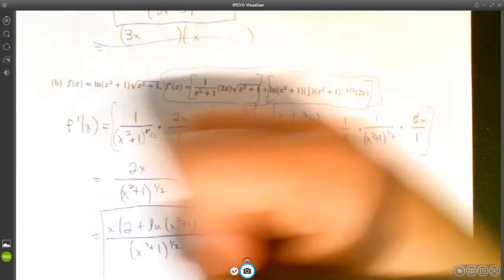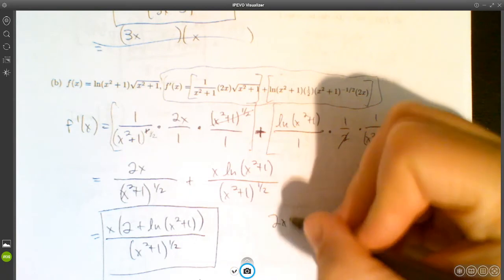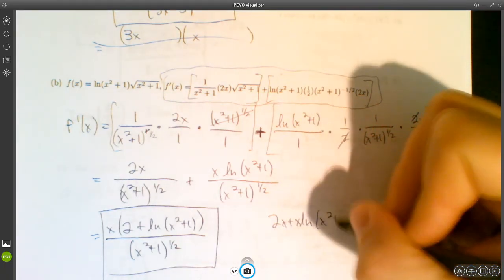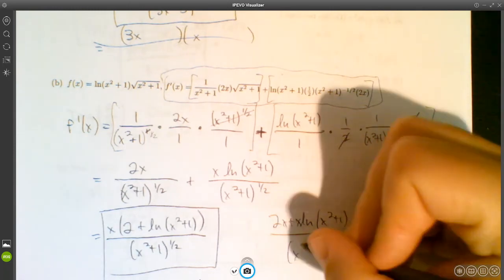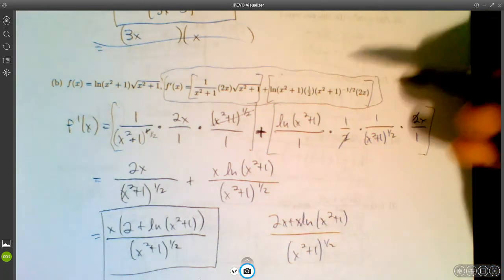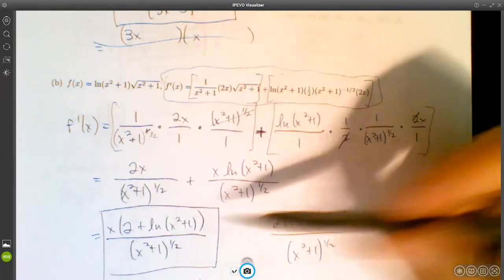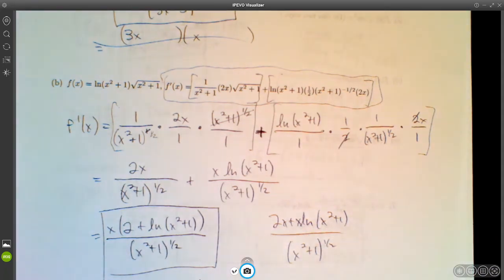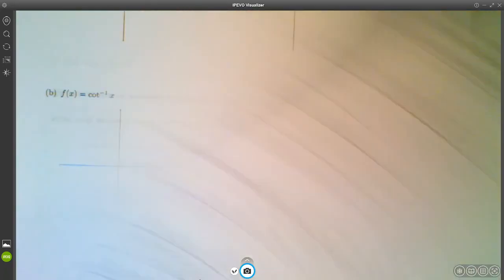If you didn't factor out the x and you just had 2x plus x ln of x squared plus 1 over x squared plus 1 to the 1/2, that would be fine, right? This is still perfectly simplified. But I kind of like factoring if you can, because that means you can cancel stuff often.